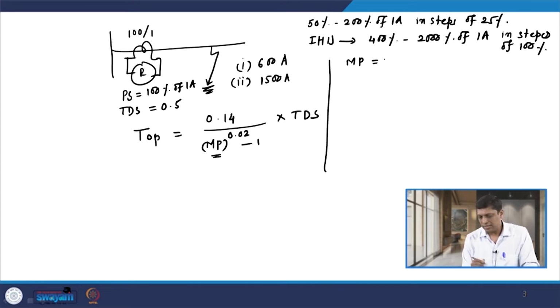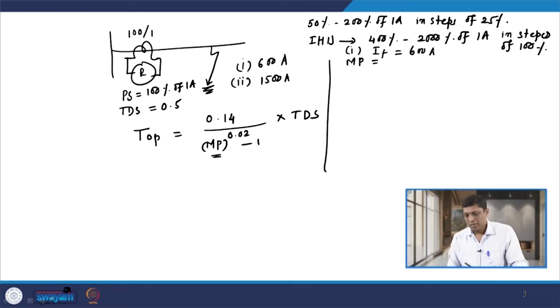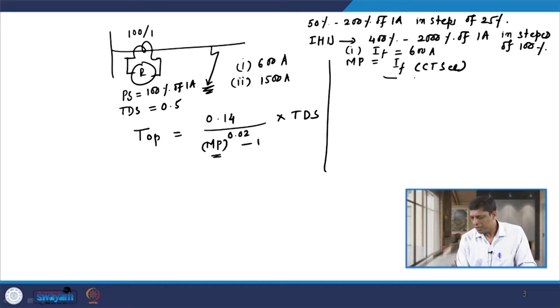Let us consider case 1, where the fault current is 600 ampere. The multiple of pickup current is given by the fault current referred to the CT secondary divided by the plug setting of relay R.